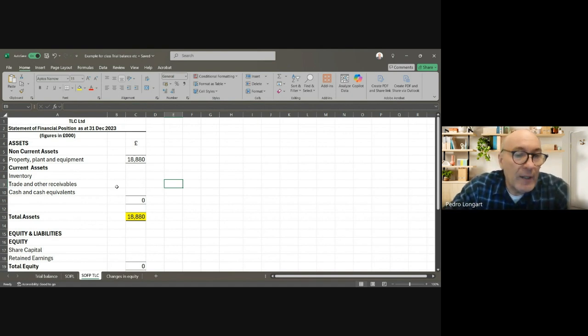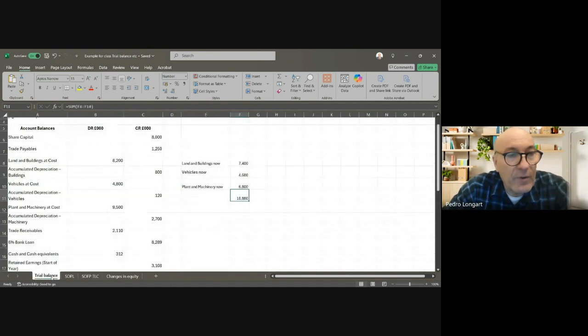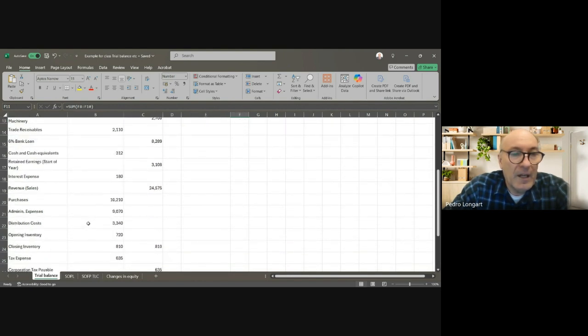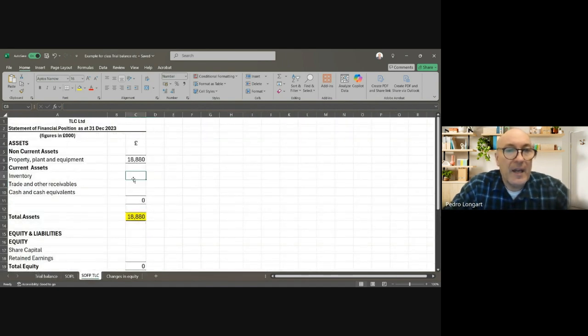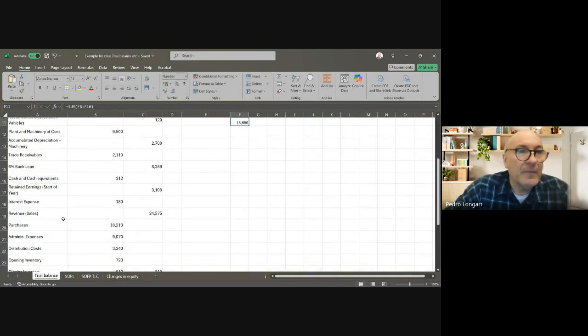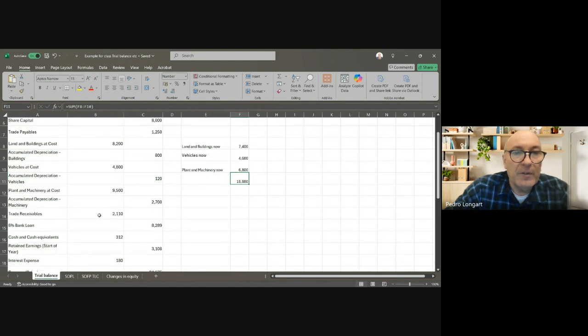Now, let's calculate here in the trial balance. We will not calculate the closing inventory because it's already here. The closing inventory is actually 810. The trade and other receivables, we look at the trial balance. Trade receivables, 2110.